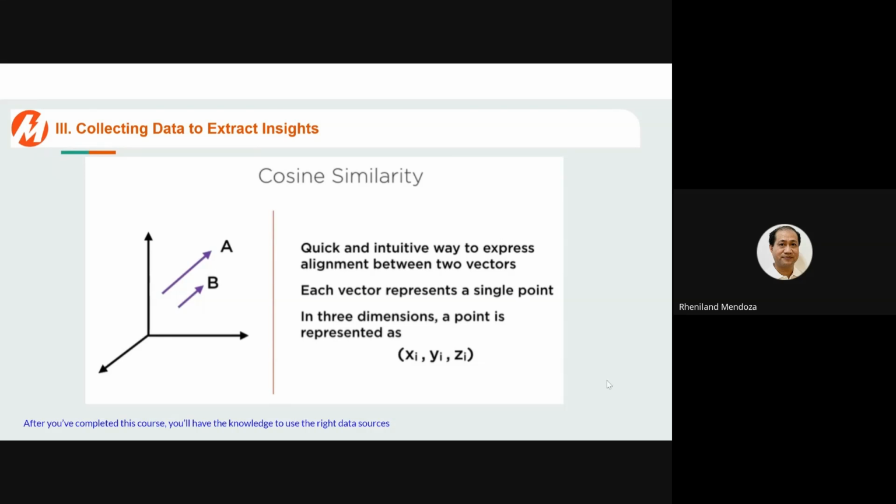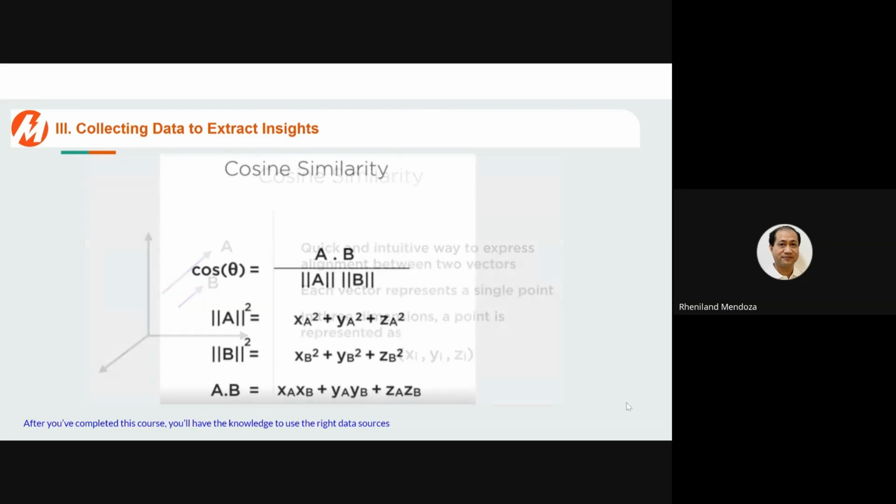Now, you may ask, how does normalization fit in all of this? Here's how. If the angle between two vectors is represented by theta, the cosine similarity between these vectors, that is cosine of theta, is given by this formula you see here on the screen.